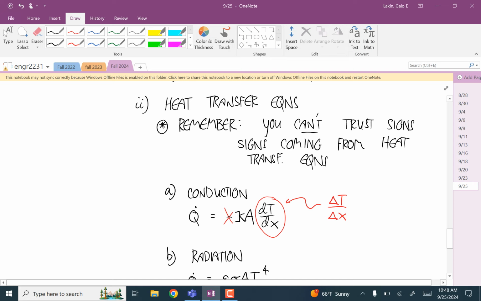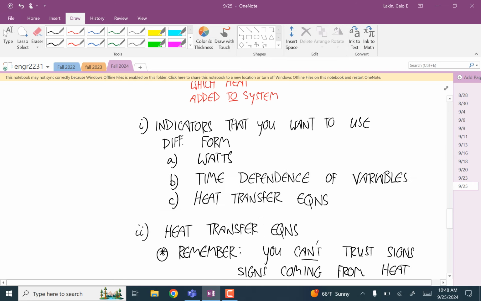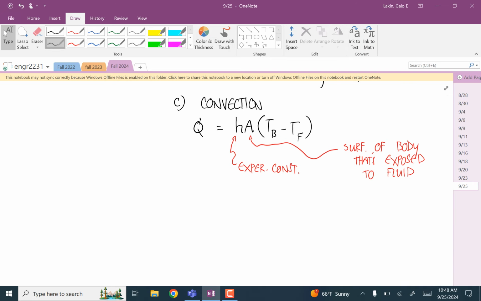Okay, and then the last one, I don't have too much to say about this, is material property relationships.